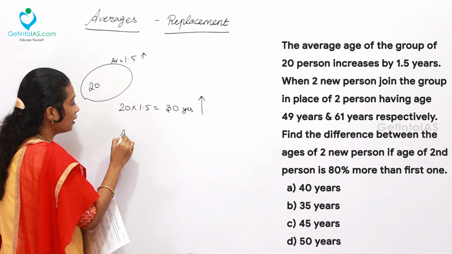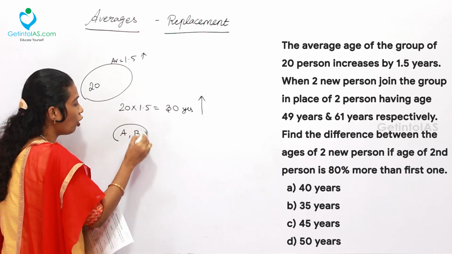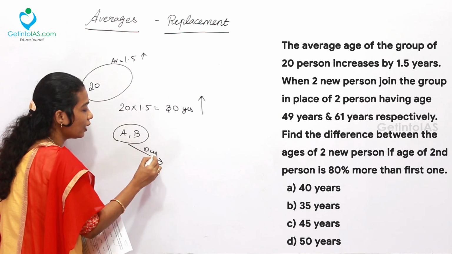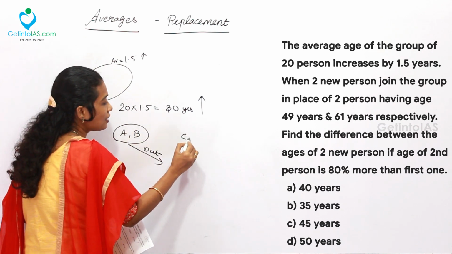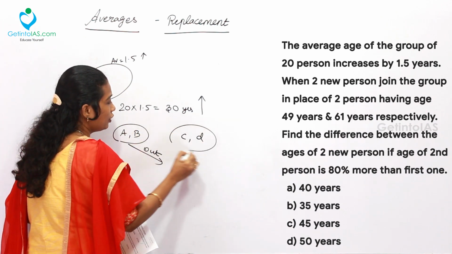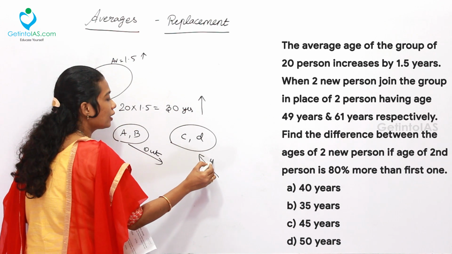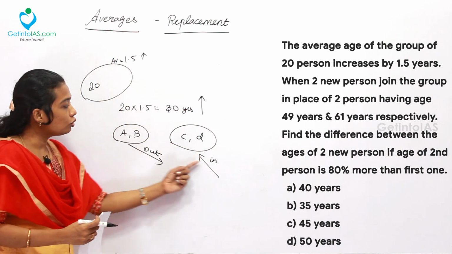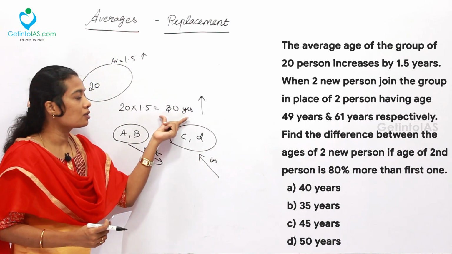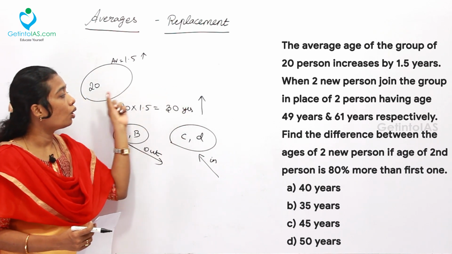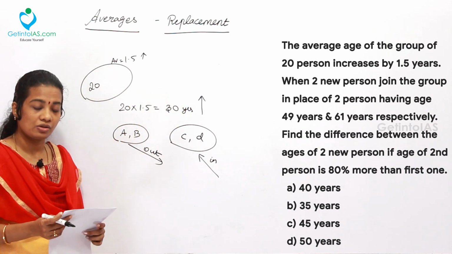Let me say A and B are the persons who are going out. In their place C and D are the persons who are coming in. Due to these happenings, 30 years for the overall group has been increased.